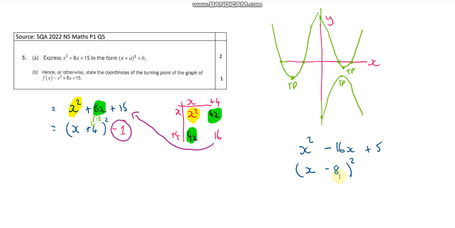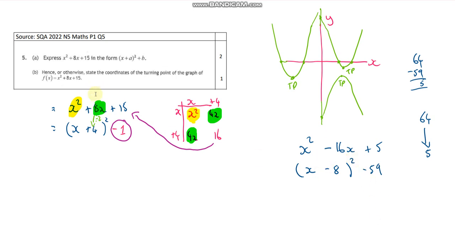If I break the bracket out, I'm going to end up with 64. I don't want 64, I want 5. How do I get from 64 to 5? Well, I would take away 59. 64, take away 59, gives me 5.